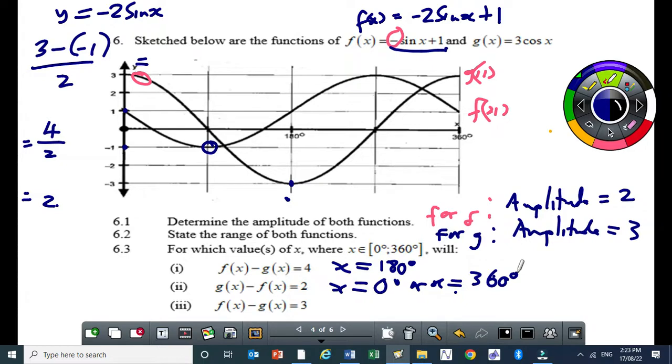At 270, it would be 3 minus 0. Yes, that would work. So x is equal to 270. Do you have another point? No. Then I think that's the only answer.